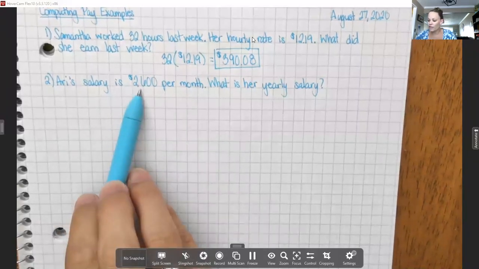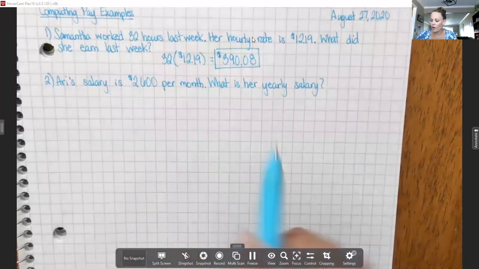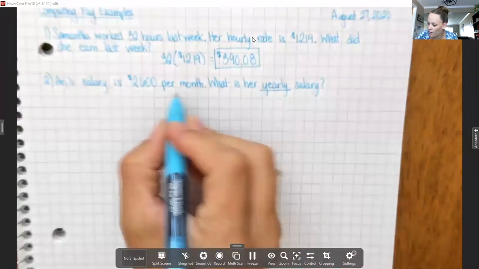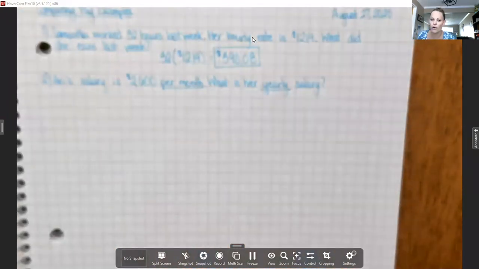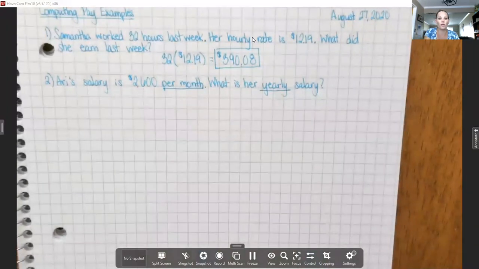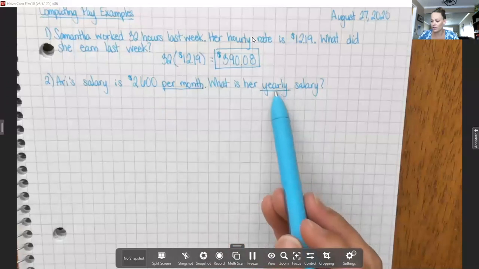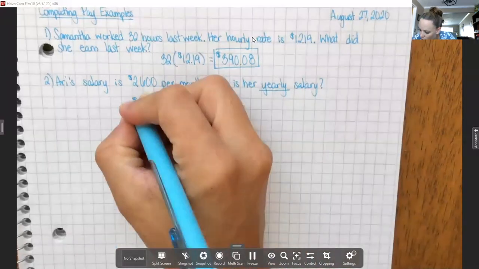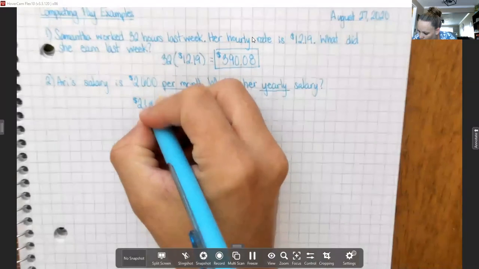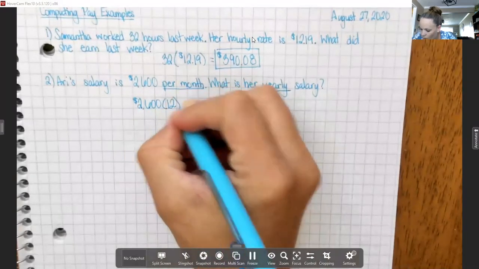So if she makes $2,600 per month, we want to know her yearly salary. So again, this was per month. We want to know yearly. We have to figure out how many months are in a year. So we know there's 12 months in a year. So we take this $2,600 that she makes every month and we multiply it by 12.